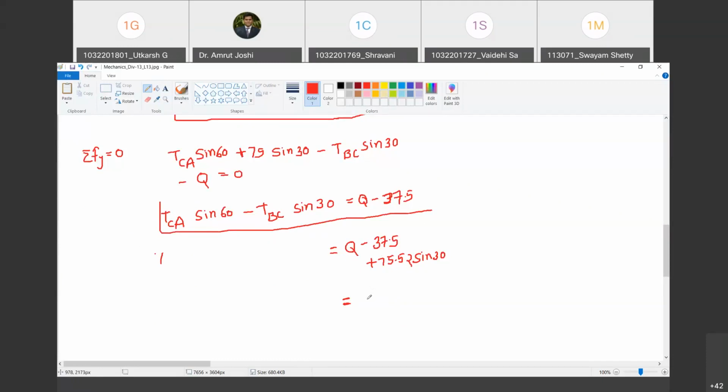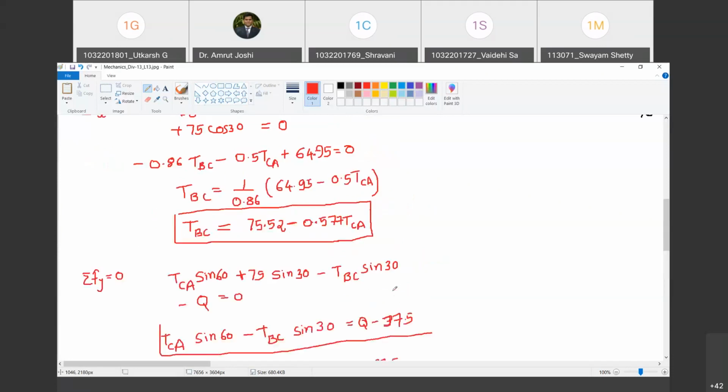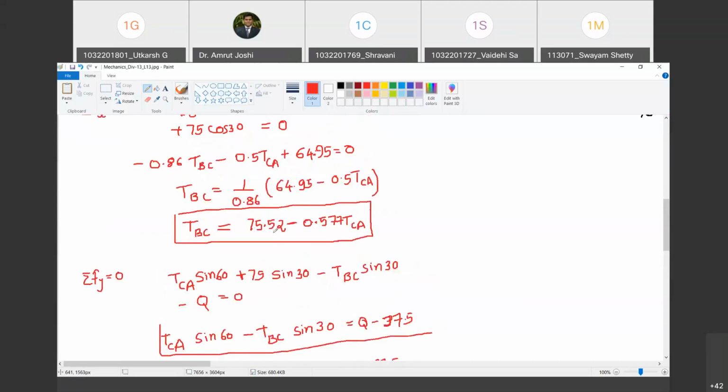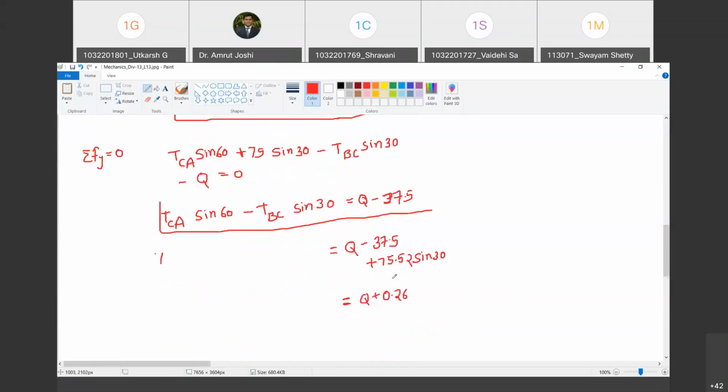So it will be Q plus 0.26, because 75.52 sine 30 gives 37.76. By the way, what was this 37.5? It was 75 sine 30. And now it is 75.52 sine 30. So it is Q plus 0.26.